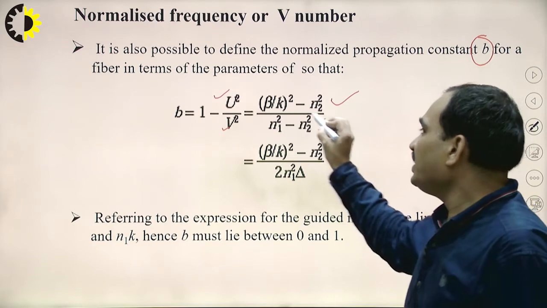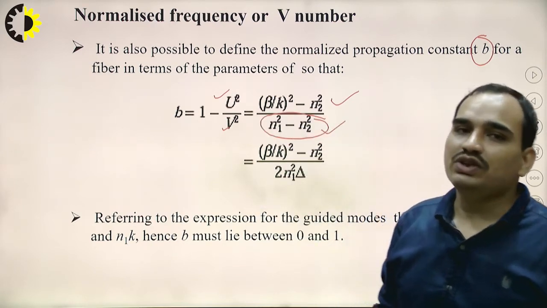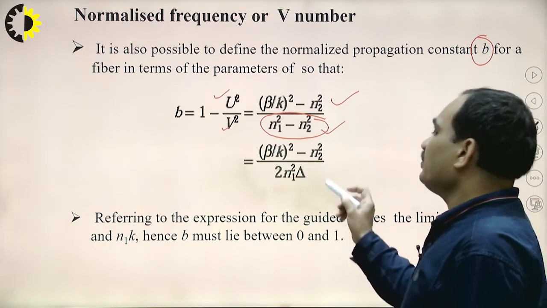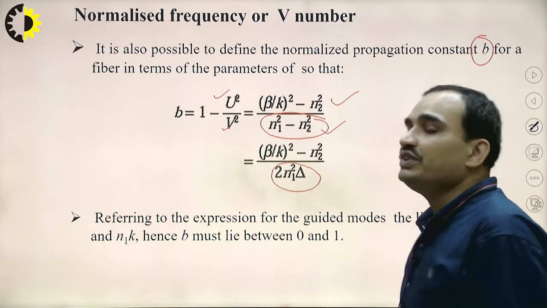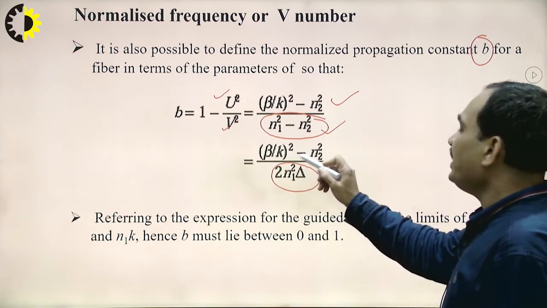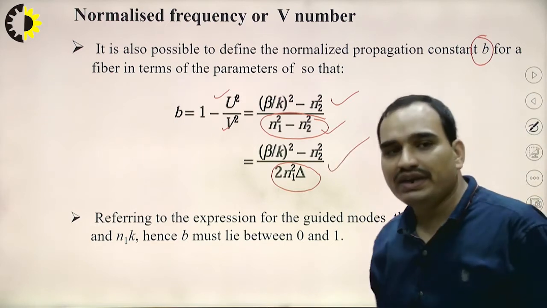And we know that n1 square minus n2 square is related to the numerical aperture, which can be written in terms of delta. So we get (beta by k) whole square minus n2 square, divided by 2 n1 square delta.